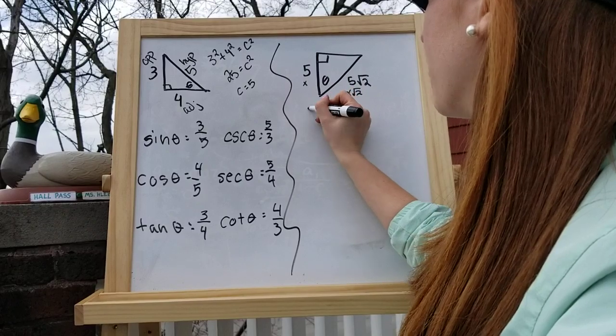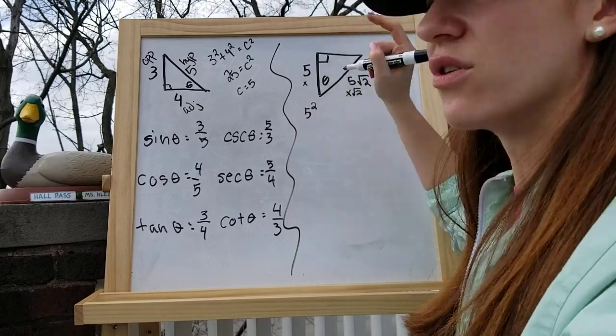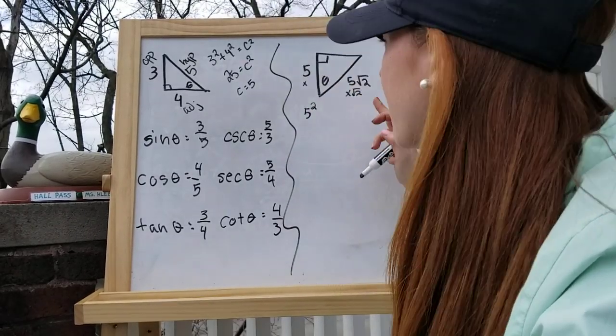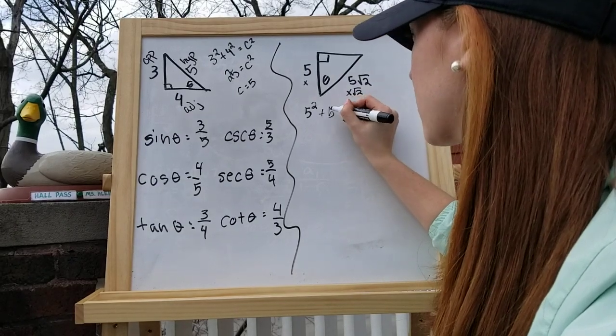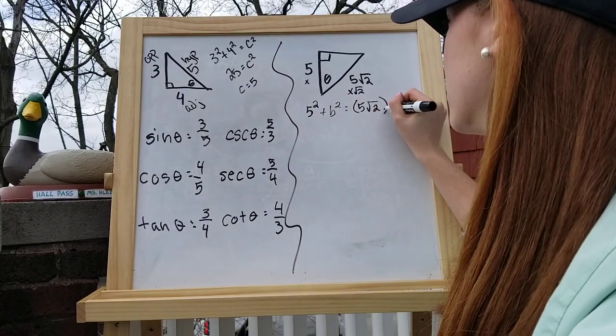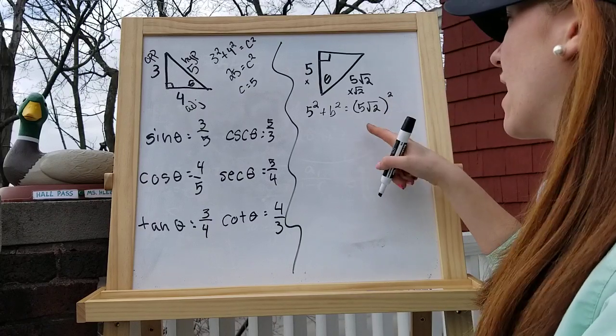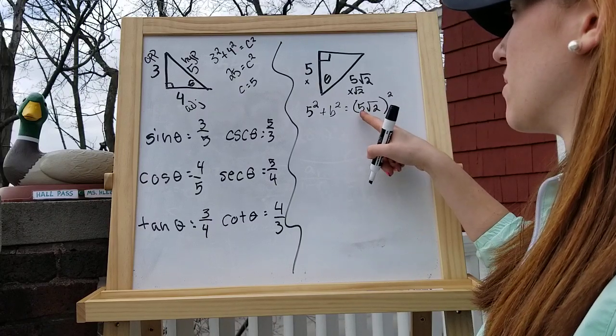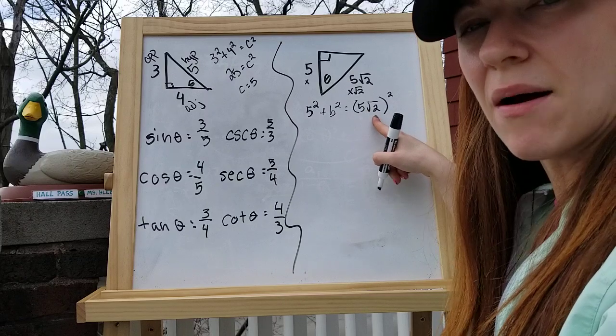So I'm going to set up 5 squared, and here I don't know one of the sides instead of the hypotenuse, so I'll put b squared equals 5 radical 2 squared, and when I square that, remember to square both pieces of that product.